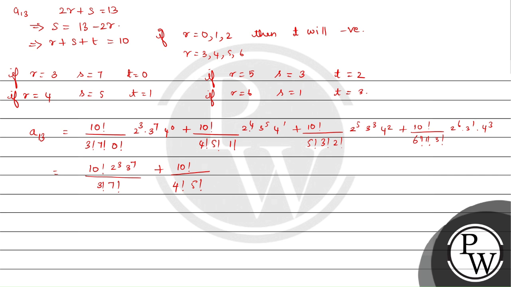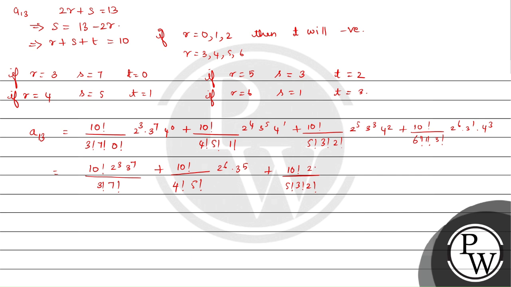So 2 power 4 into 2 square is 2 power 6 into 3 power 5, plus 10 factorial divided by 5 factorial, 3 factorial, 2 factorial, 2 power 5 into 3 cube into 2 power 4.